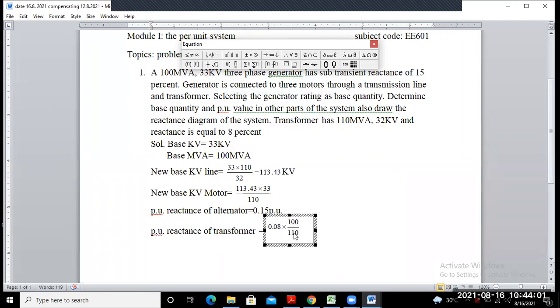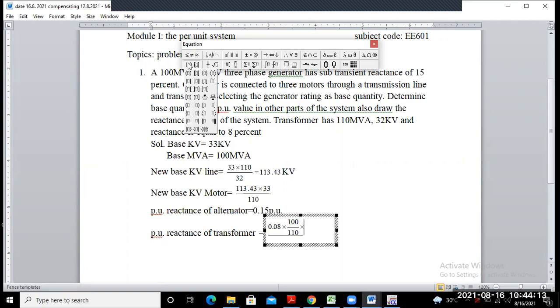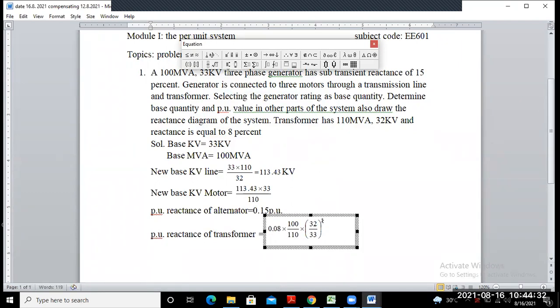So 100 by 110 into kilovolt base old divided by kilovolt base new whole square. That means here kilovolt base old is 32 kilovolt divided by 33, whole square.